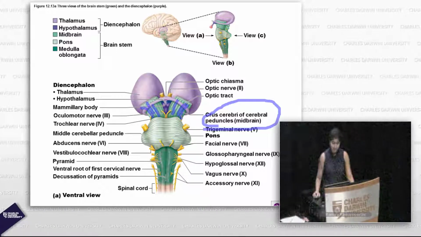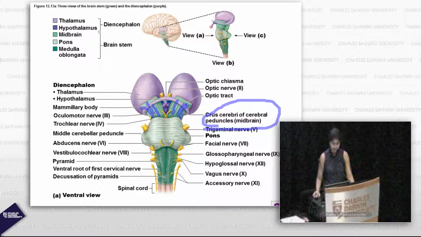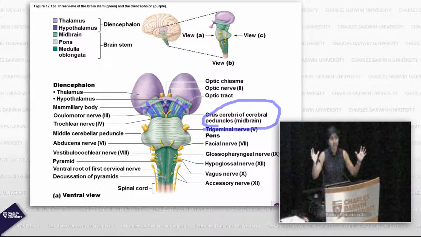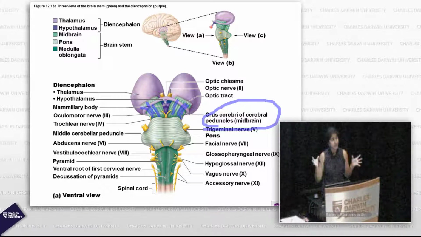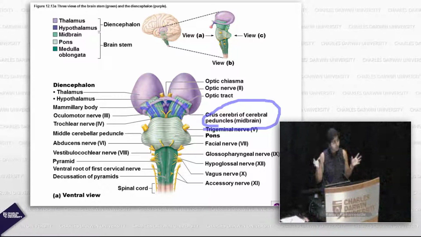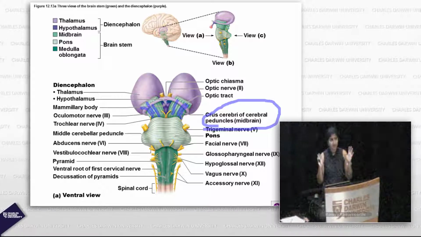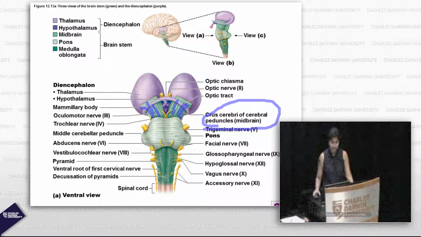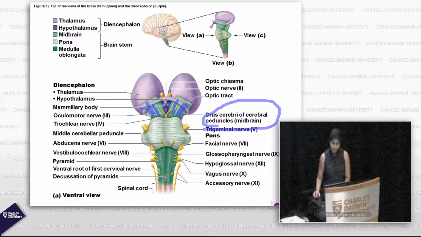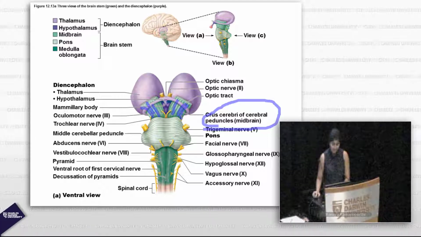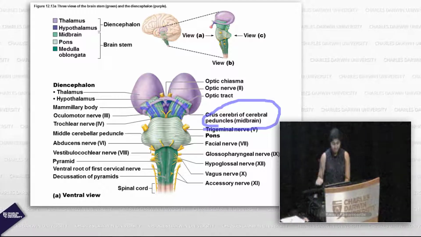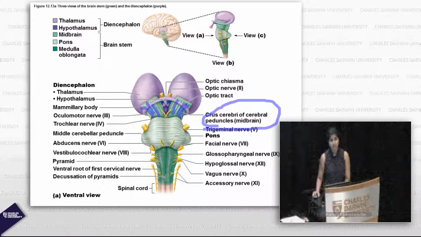The cerebrum is the biggest structure, two hemispheres occupying around 80% of your brain mass, and these two cerebral peduncles hold it in place. The cerebral aqueduct is a channel that connects your third ventricle to the fourth ventricle.